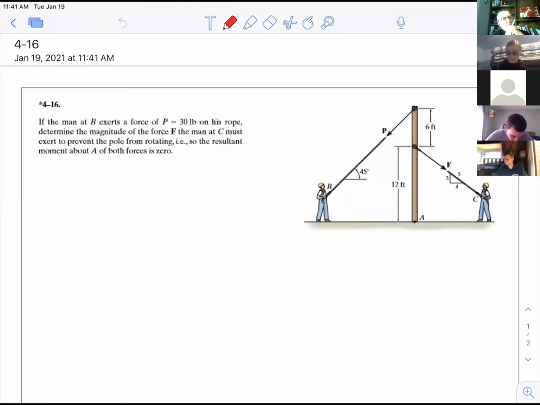Stare at that picture. Just like the last time, this is two different forces. So this is like a flagpole or something, and there's a worker. Apparently they're a worker because they've got a hard hat and overalls on. If you've got that on, you're a worker, I guess.